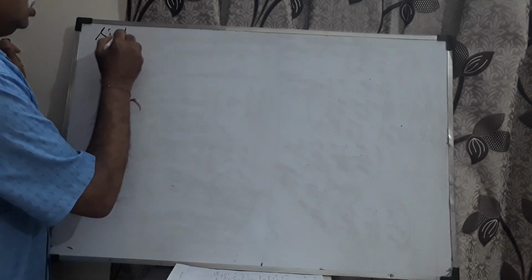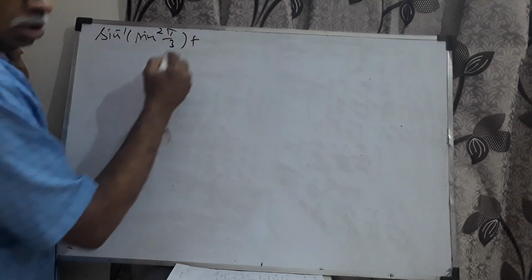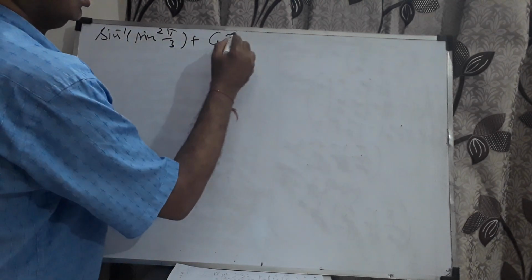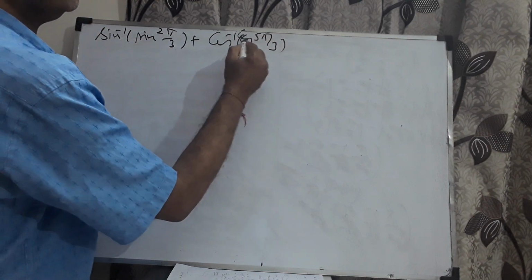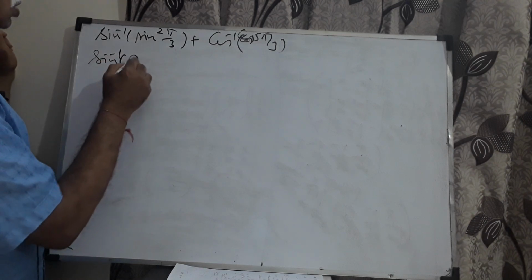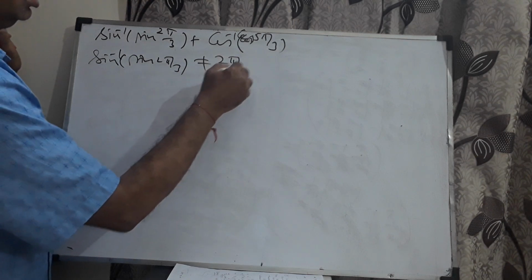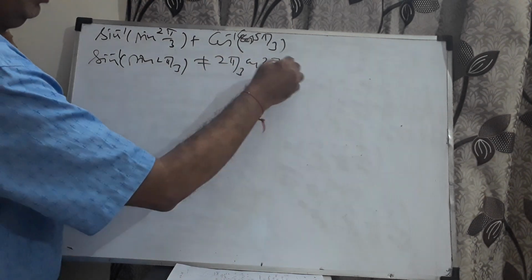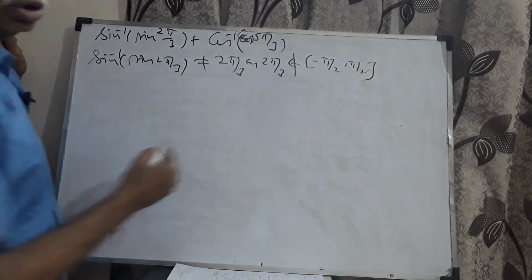Next sum, find sine inverse sine 2 pi by 3 plus cos inverse cos 5 pi by 3. This is the question. Now listen carefully. Sine inverse sine 2 pi by 3 is not equal to 2 pi by 3, as 2 pi by 3 does not belong to the principal value branch.